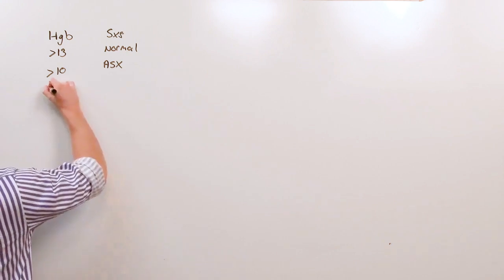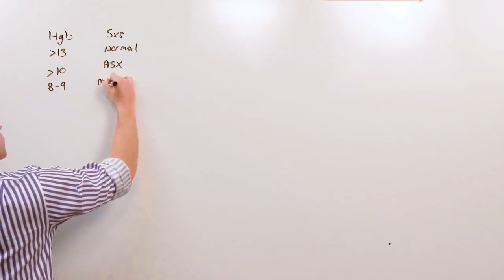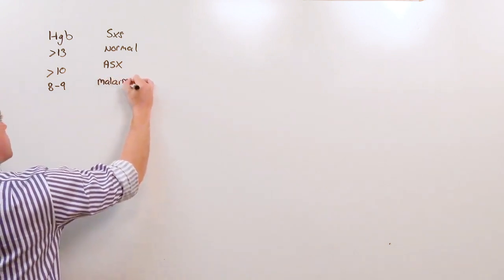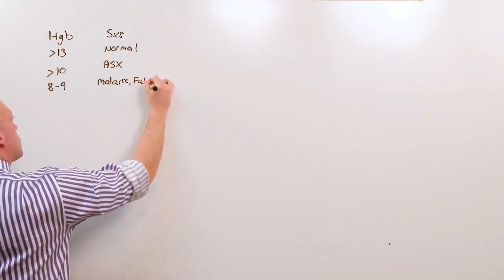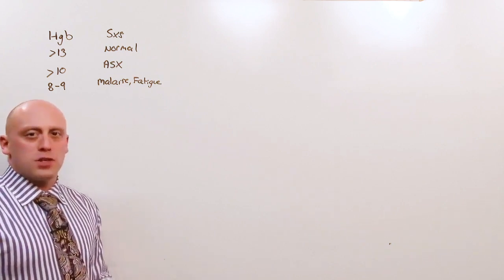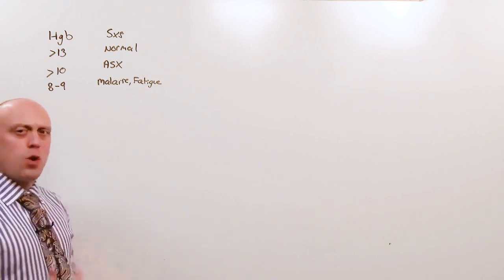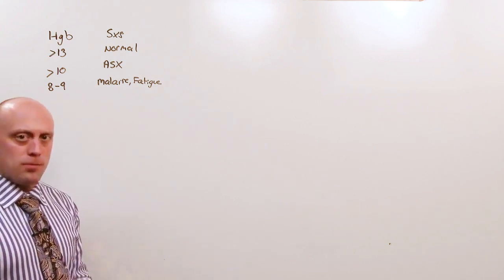So as you begin to go a little lower, you start to develop malaise and fatigue. And this is the athlete who used to finish the entire hour-long game, who now can't quite finish the game. The person who was active, who couldn't be quite as active as they were before.